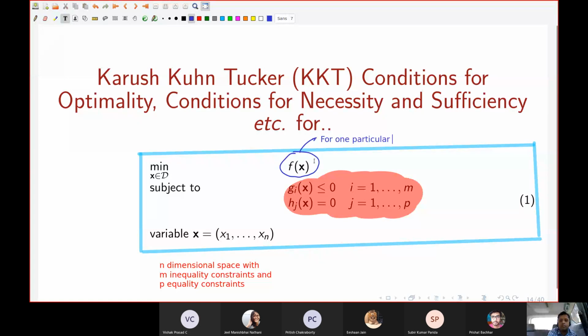Yes, half the L2 norm, exactly. So it is just 1/2 times the norm squared of z minus x, where z is fixed. That's it. Now you'll solve this iteratively.